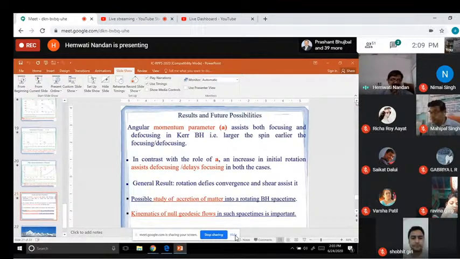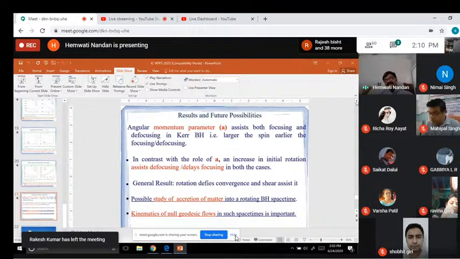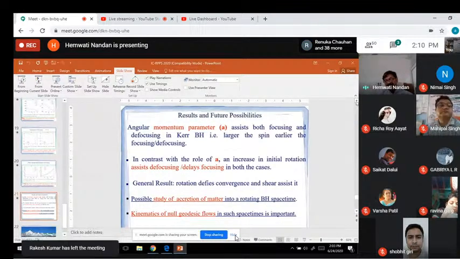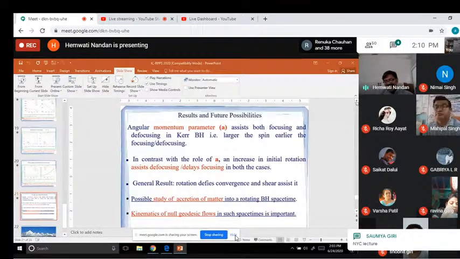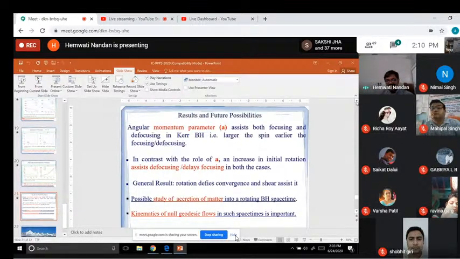And next, we can also try to understand the kinematics of null geodesic flows, I mean the motion of photons in the background of these black hole space-times. In this case, we have taken the time-like geodesic, and we have taken real test particles. But we can also certainly study the null geodesic flows by using these beautiful equations.